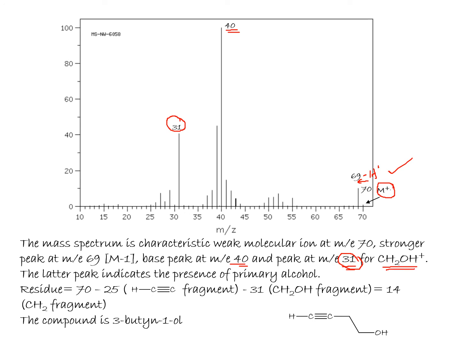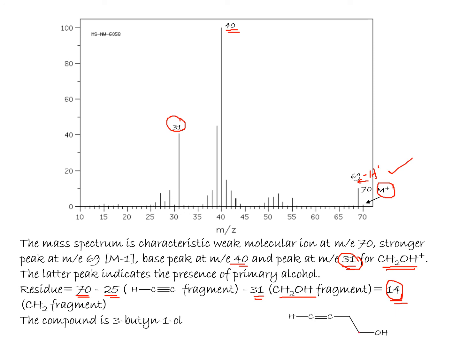So we have a molecular ion at 70. We can take this part out of it, which is a fragment of the terminal alkyne, minus 31, the fragment CH2OH, leaving a residue of 14.